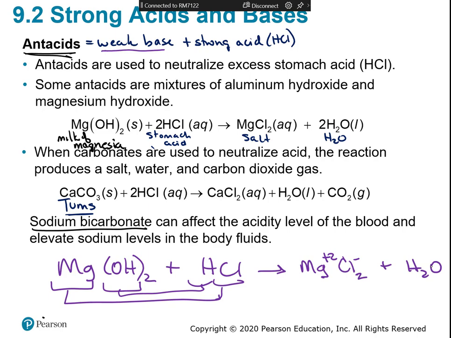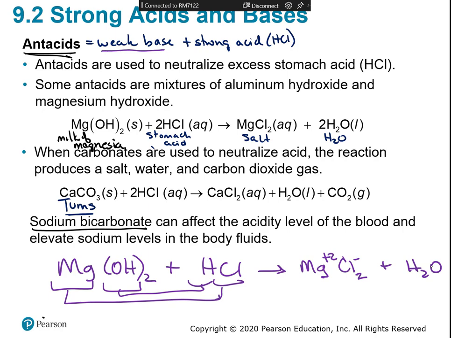One interesting characteristic of antacids that have a carbonate is that when these react, they don't just make a salt and water. The carbonate, that CO3 part of the Tums, breaks off and forms carbon dioxide. So if you have acid indigestion, you eat a couple of Tums, chew them up. They're kind of gritty, grainy tasting.